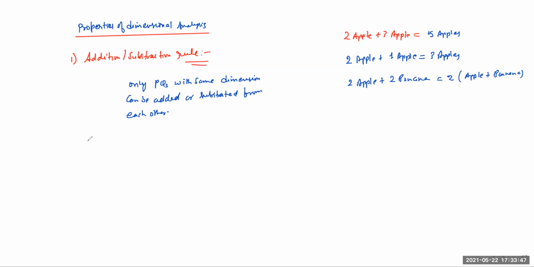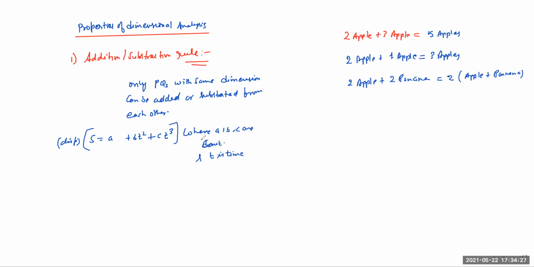So for, let's say, if I write a question, distance or displacement equals a plus bt square plus ct cube, where a, b, c are constants and t is time. So let's say this is the correct formula.